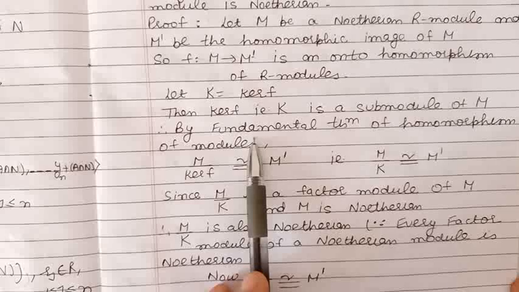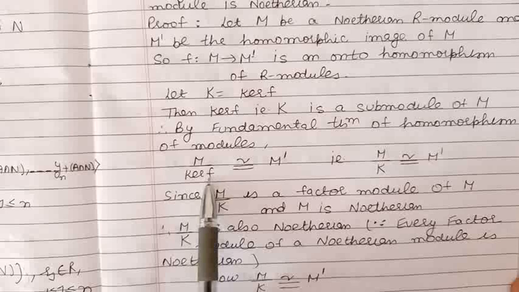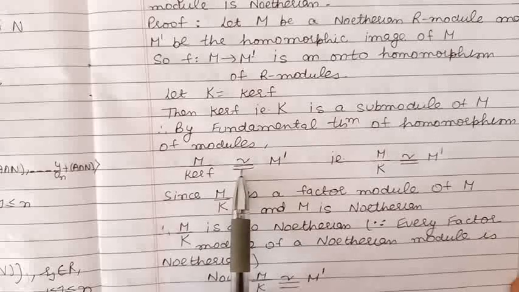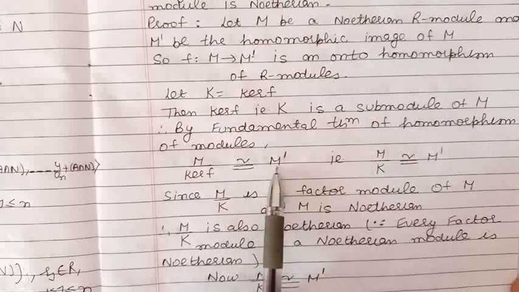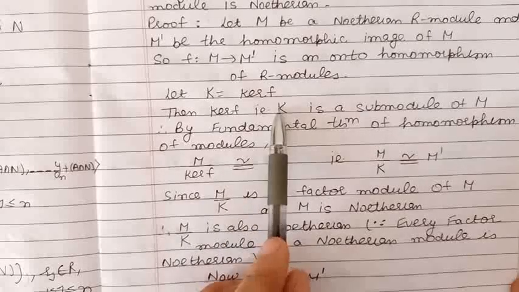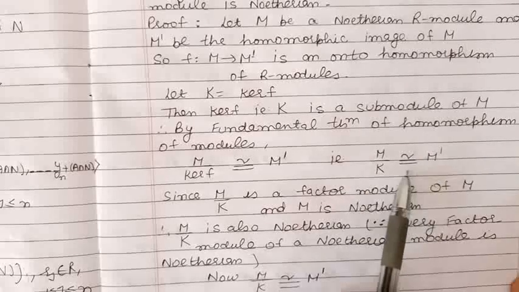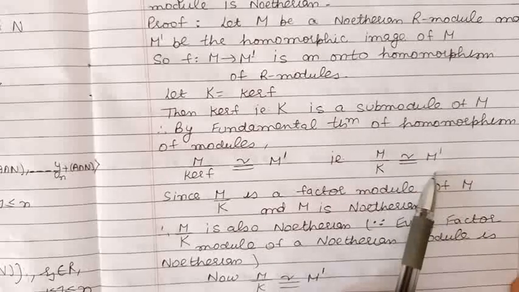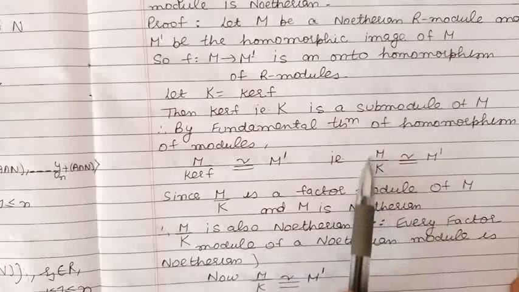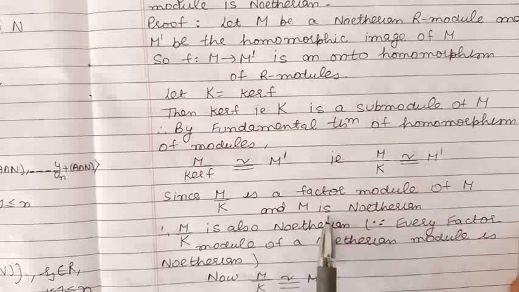By the fundamental theorem, the factor module M by kernel of F will be isomorphic to module M dash. Now kernel F we have denoted by K, so we have obtained that the factor module M by K is isomorphic to M dash. Now M by K is a factor module of M, and M is given to be noetherian.